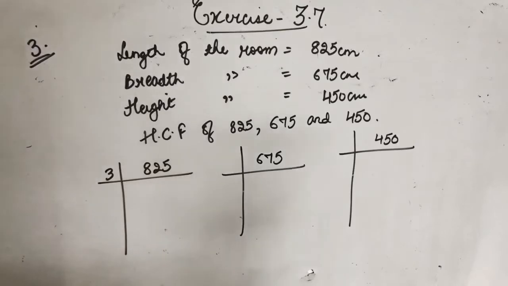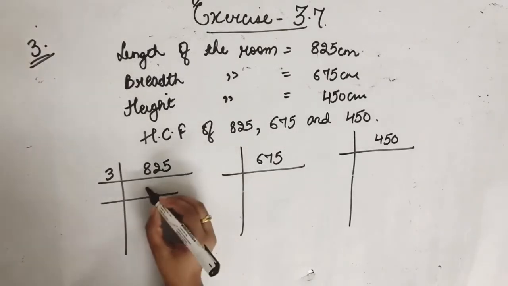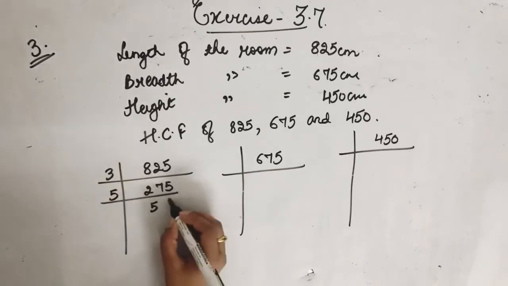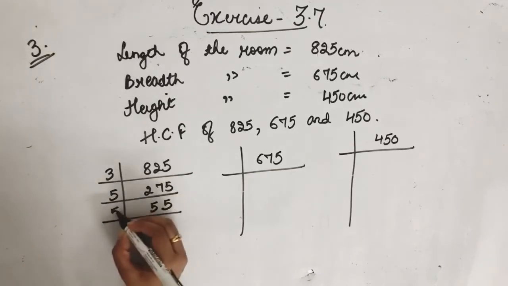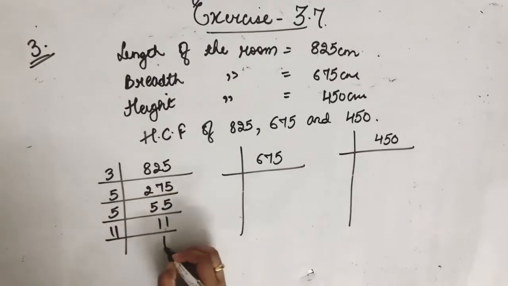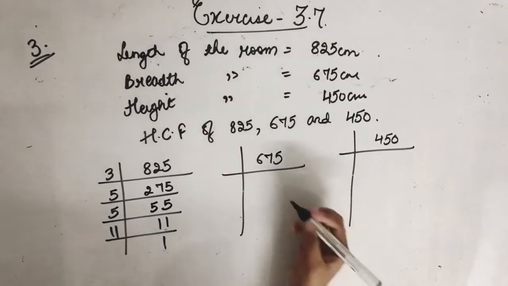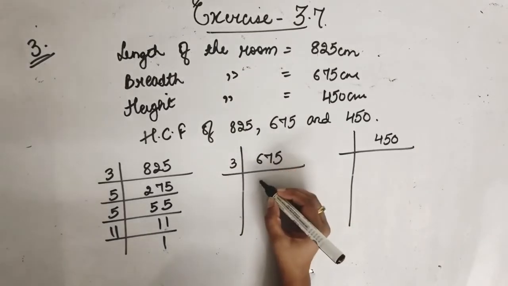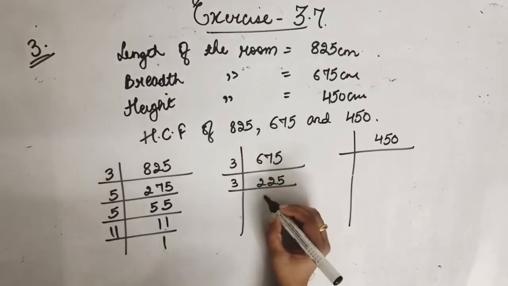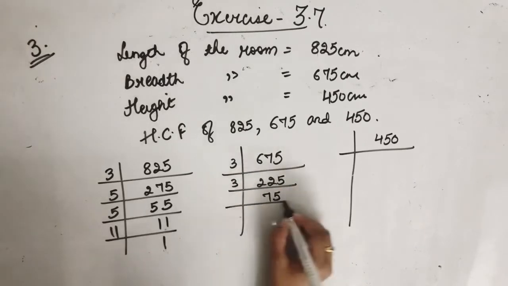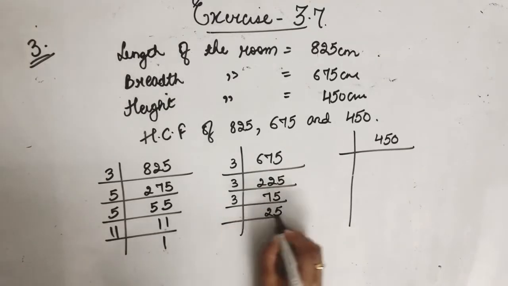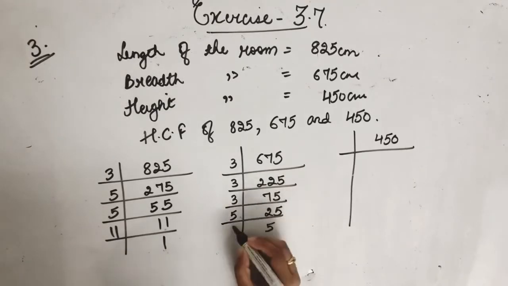So we'll start with 825. First we'll go by 3: 275, then 5: 55, then 5: 11, and then 11. So next is 675. First it will go by 3: 225, again 3: 75, again 3: 25, then 5, again 5.